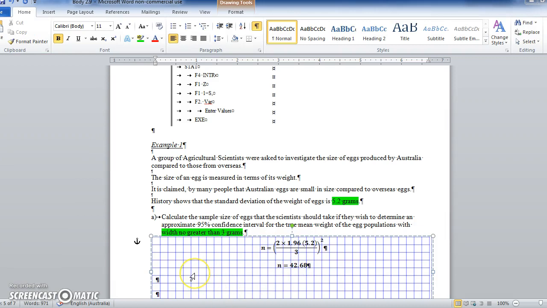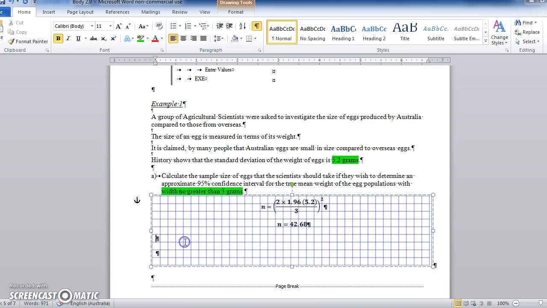Okay, so we have to go and sample 42.68 eggs. Now, what are we going to do about the 0.68? Well, if we round down and say, okay, we are only going to sample 42 eggs, then that's not going to be big enough.